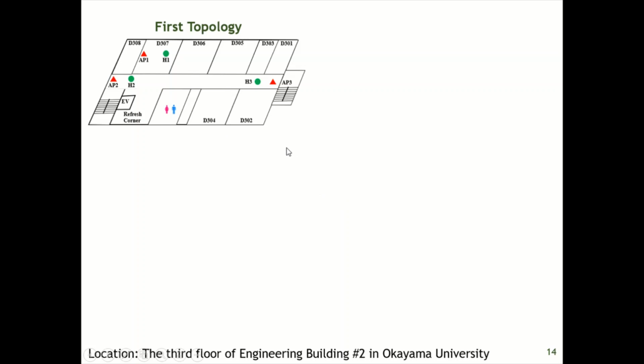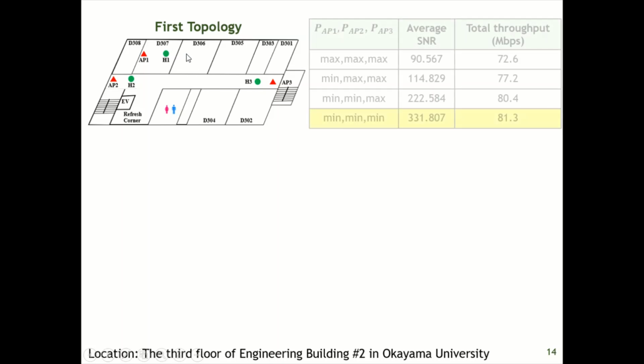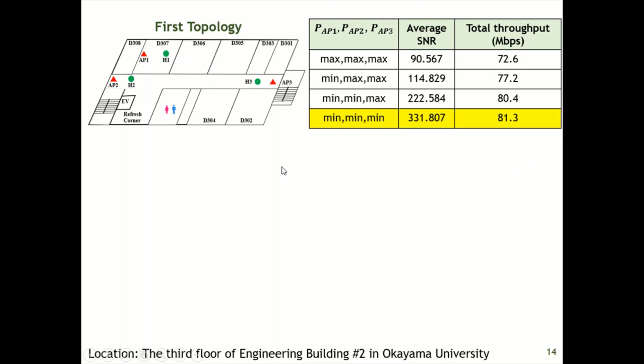In this evaluation, we use the third floor of engineering building number 2 at Okayama University. This is the first topology for this evaluation. In this topology, the APs and hosts are at close distance. Here's the result for this topology.